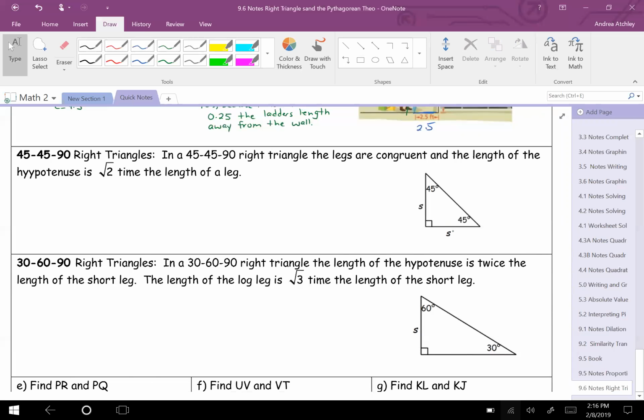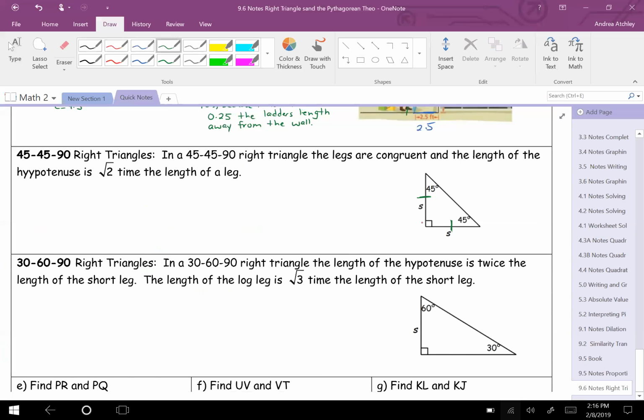The first one is a 45, 45, 90 right triangle. In a 45, 45, 90 right triangle, the legs are congruent. So this side is congruent to this side. That means it's an isosceles triangle, two sides are congruent. That also tells you that the base angles are congruent, which is how I know that 45 and 45 are congruent.